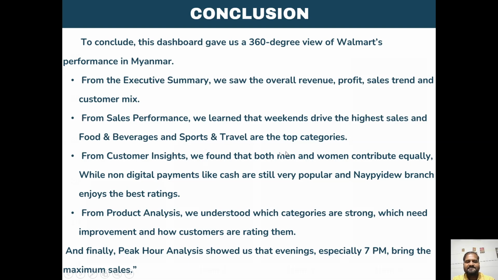From the customer insights, we found that both men and women contribute equally, while non-digital payments like cash are still very popular and the Napier Dog branch enjoys the best rating. From product analysis, we understood which categories are strong, which need improvement, and how customers are rating them. And finally, peak hour analysis showed us that evenings, especially 7 p.m., bring the maximum sales.